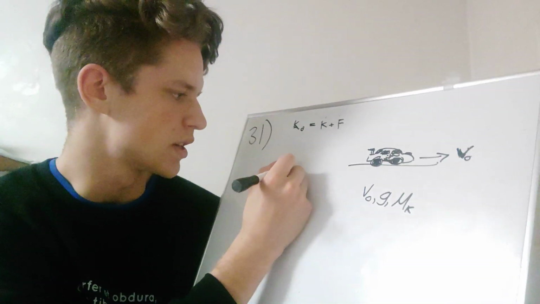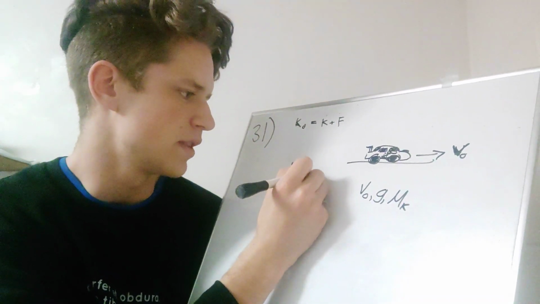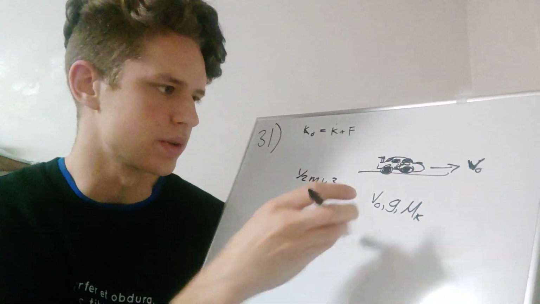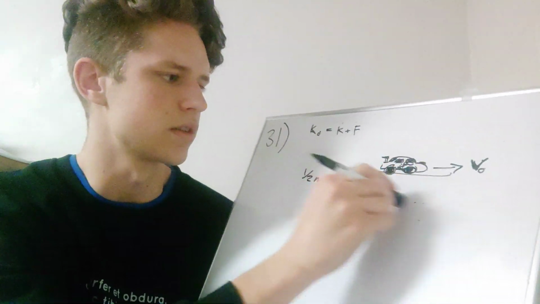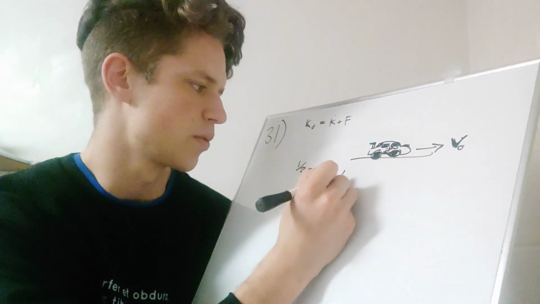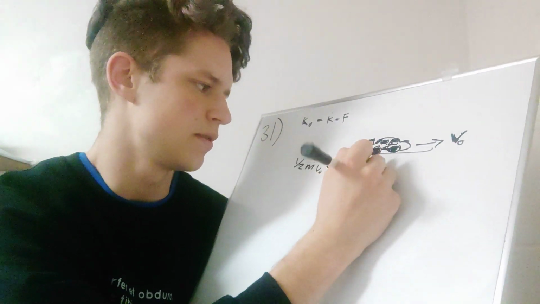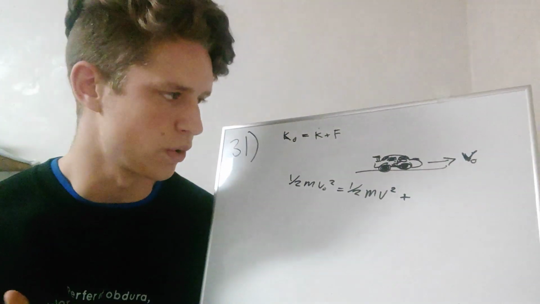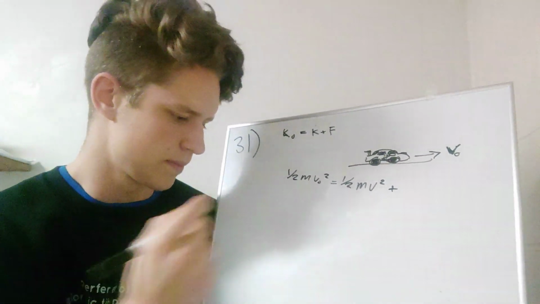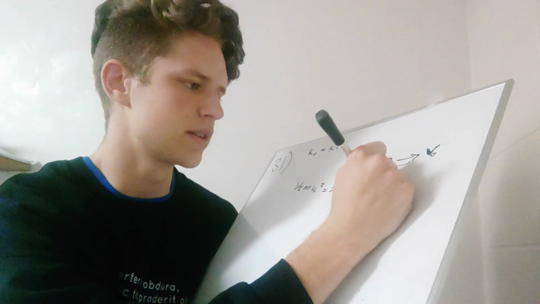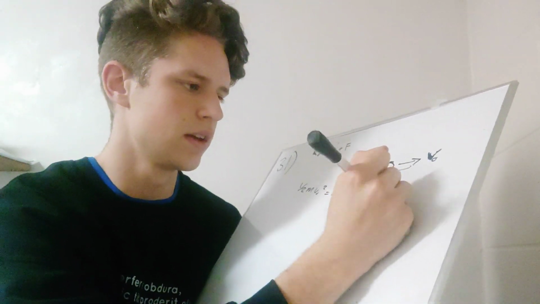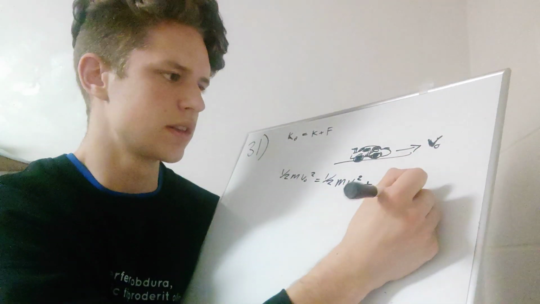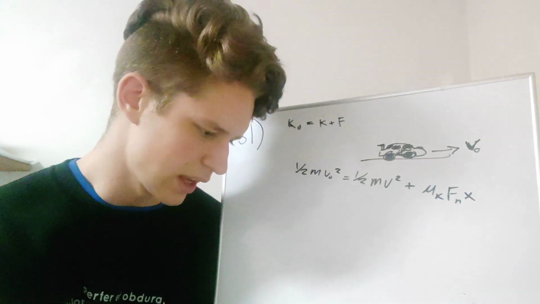So kinetic energy is given by 1/2 m v0 squared, and that is going to be equal to 1/2 m v squared, not v0, plus your equation for kinetic friction, which is mu k times your normal force, times your distance traveled, if I'm right.